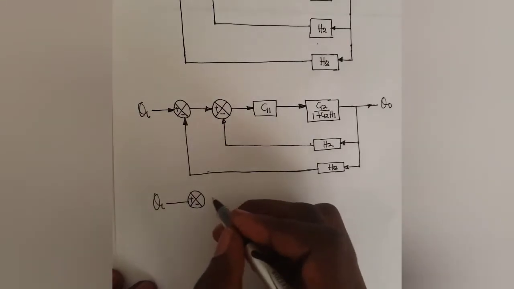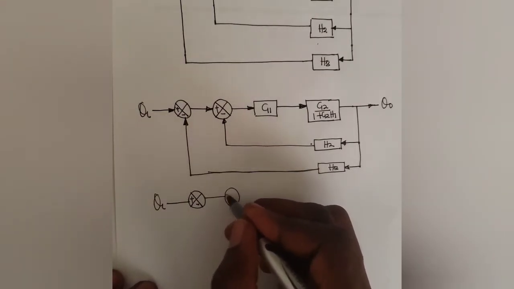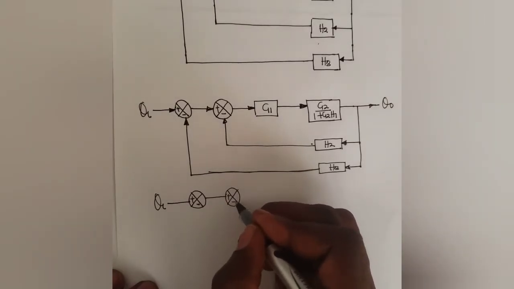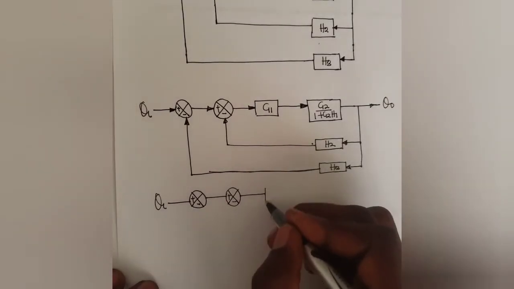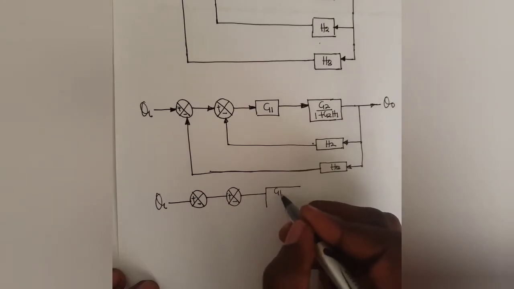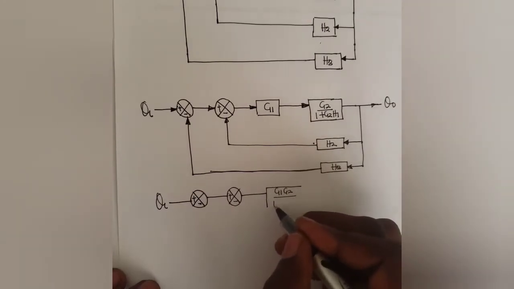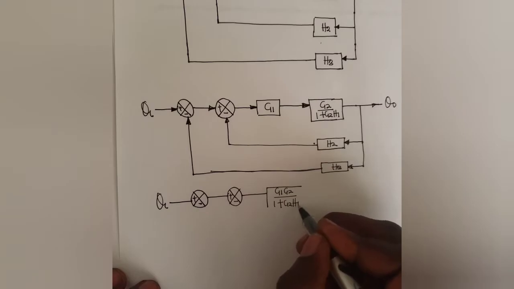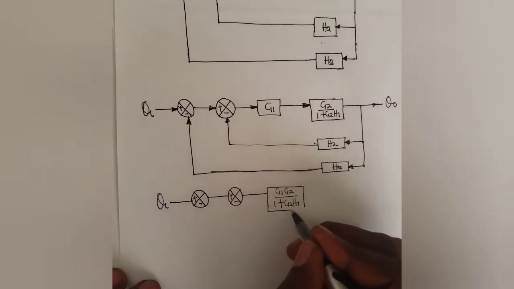Plus, minus, plus, minus. Then I'm going to be having this: G1, G2 all over 1 plus G2H1. So this is what I'm going to be having.